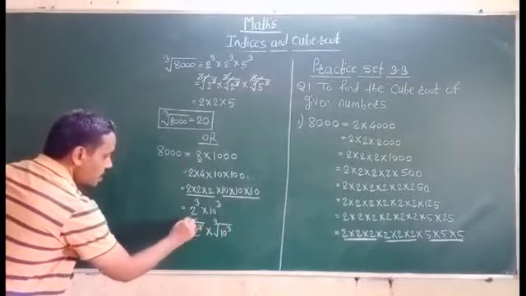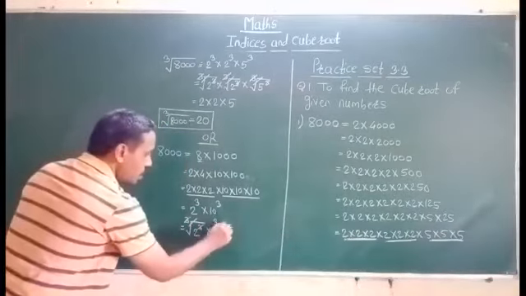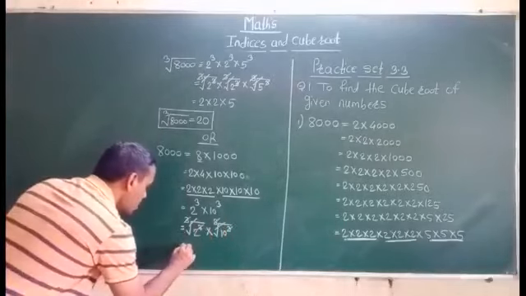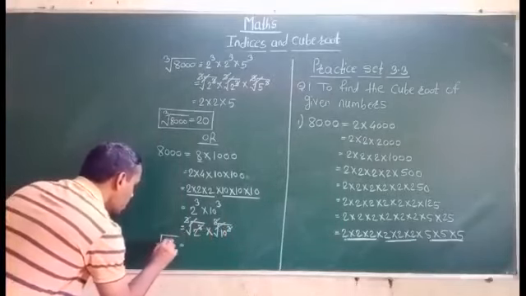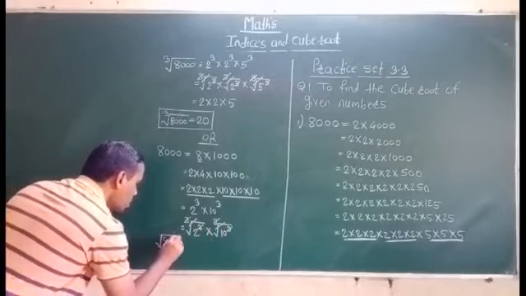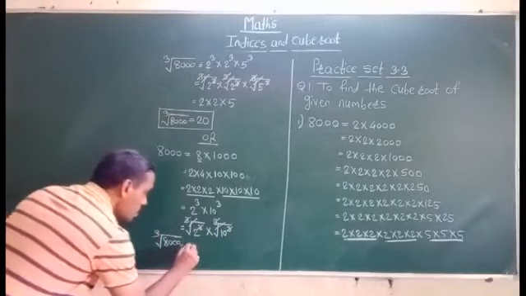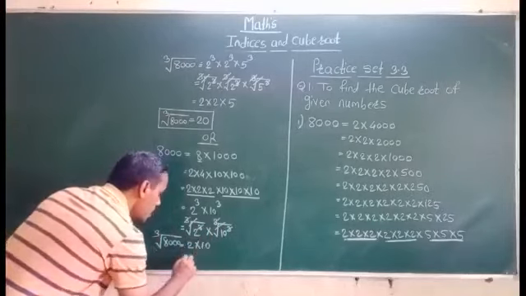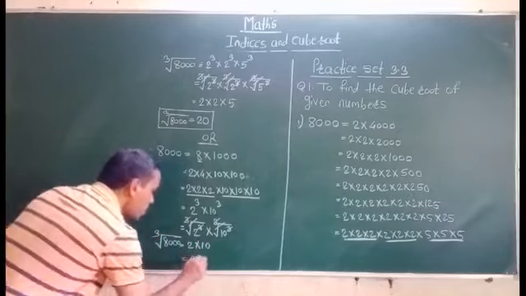So the radical sign and 3 are cancelled, the radical sign and 3 are cancelled. We get the cube root of 8000 is 2 into 10, that is 20.